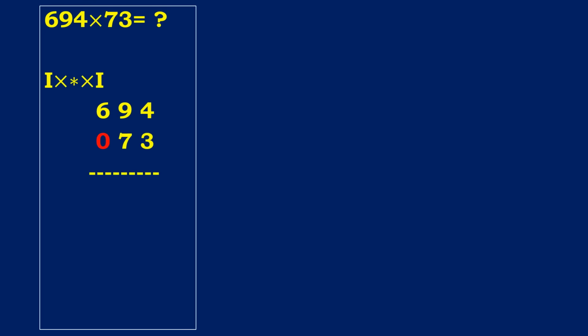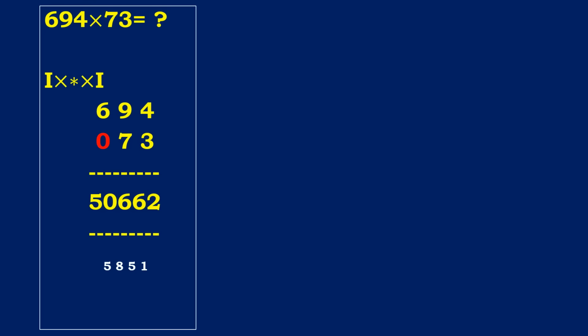What we only need to do here is convert this 2-digit number into a 3-digit number. That can be done simply by placing a 0 in front of the 2 digits. The reason behind keeping it 0 here is that, once this number becomes a 3-digit number, we can apply the same 5-step procedure of 3-digit multiplication.